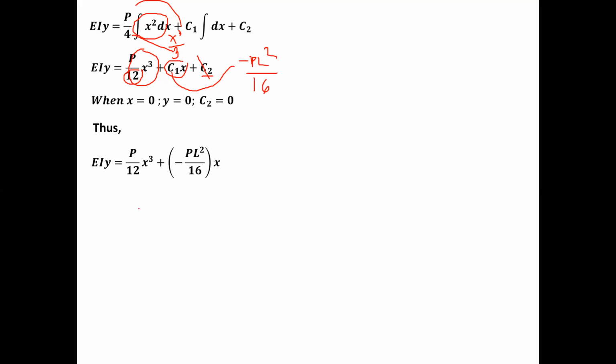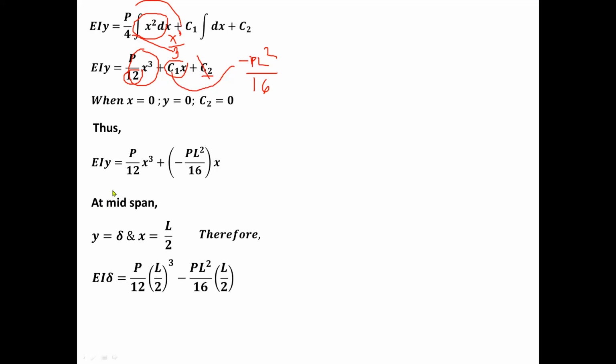Then by direct substitution, at midspan, y is our deflection or maximum deflection when x is equal to L over 2. Lahat ng x na may meron tayo, dahil ang maximum deflection natin is nasa midspan, papalitan lang natin ng L over 2. Therefore, yan.